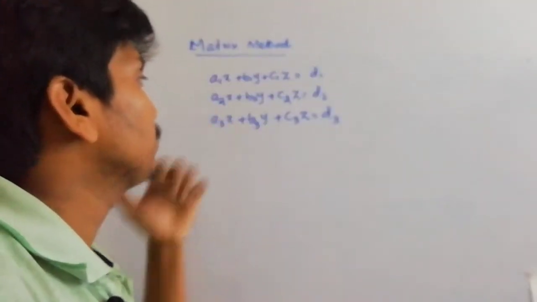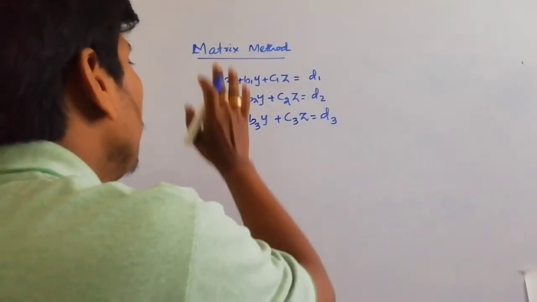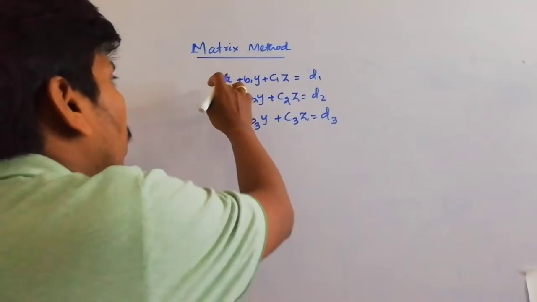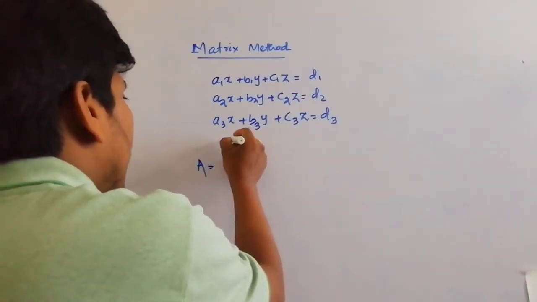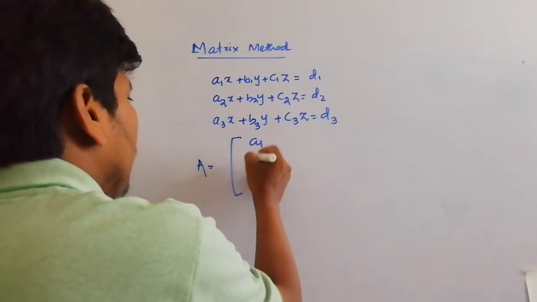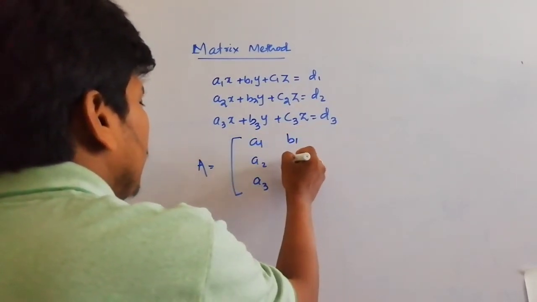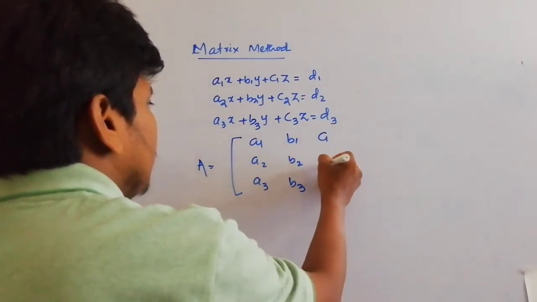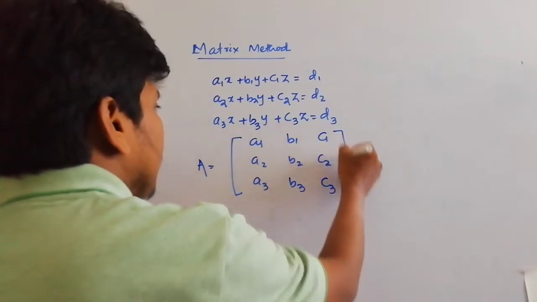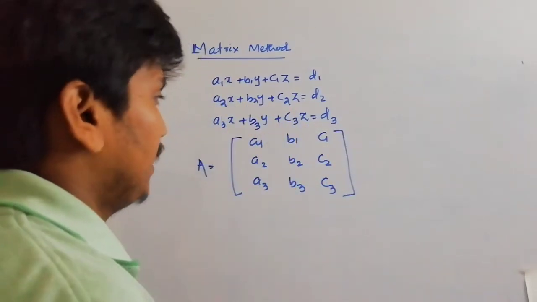Here are some special steps. First you have to write all the coefficients in a matrix that is named A, right? Then a1, a2 and a3, b1, b2 and b3, c1, c2 and c3. This is the coefficient matrix of x, y, z.